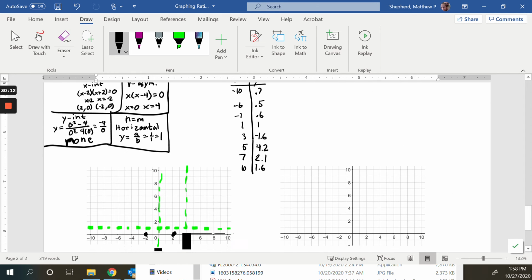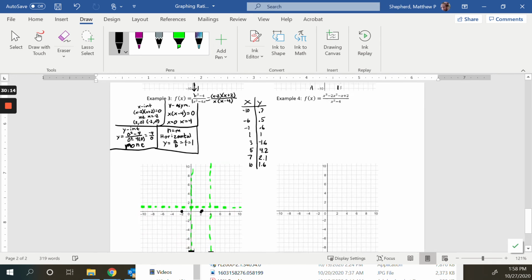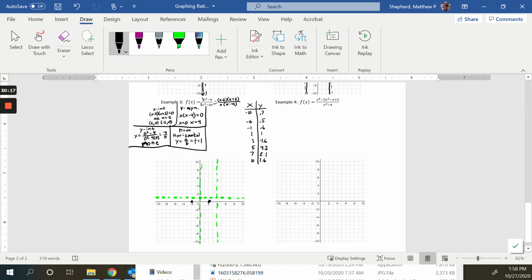We've got our points. We can now start putting them onto that graph. So at negative 10, we should be up just a little bit, at 0.7. At negative 6, just about halfway up to the 1.